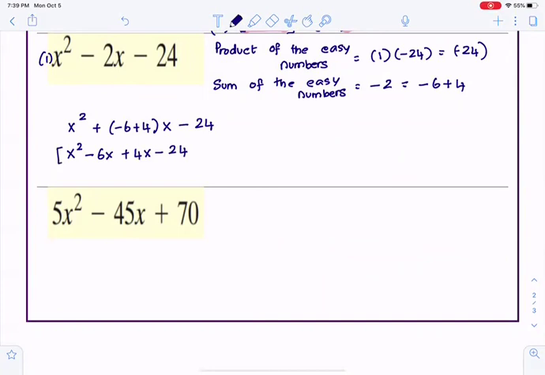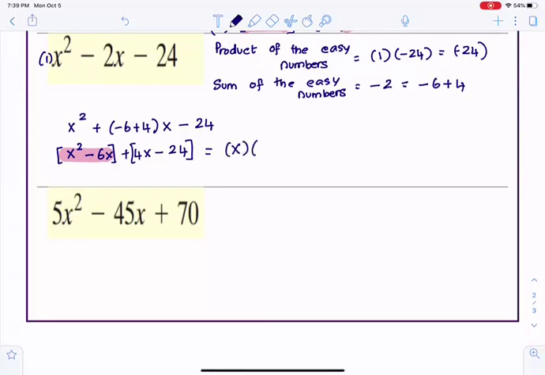Now I've grouped those two terms and those two terms. I simply have to pull the common factor out. Among those two, the greatest common factor is simply x.